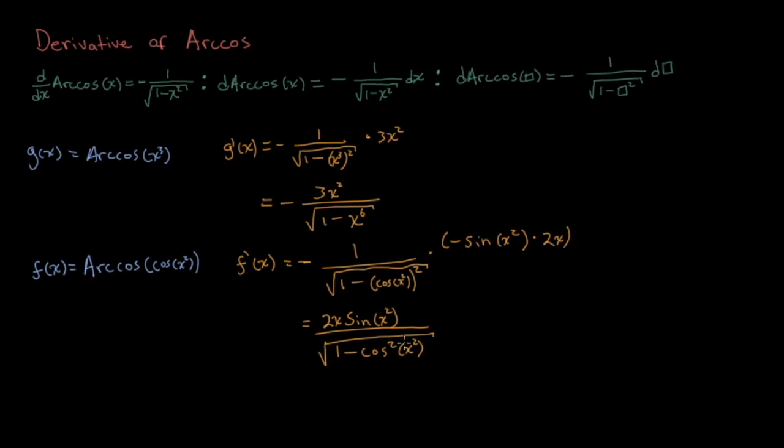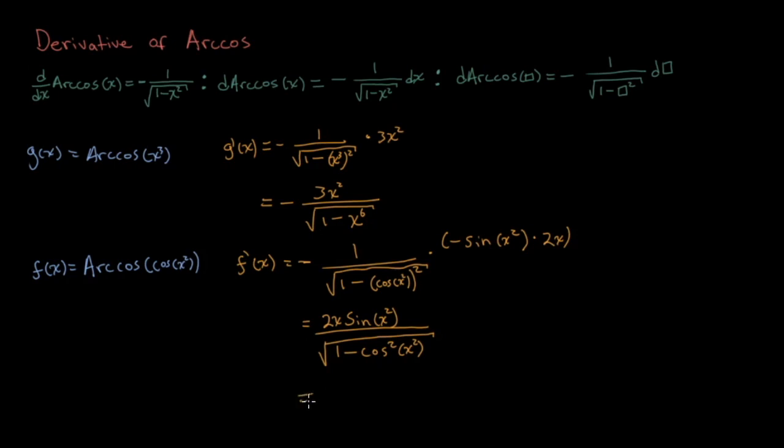Now, what we'll notice from this is that 1 minus cos x squared is actually a trigonometric identity. So 1 minus cos of whatever squared is actually equal to sine of whatever this is squared.